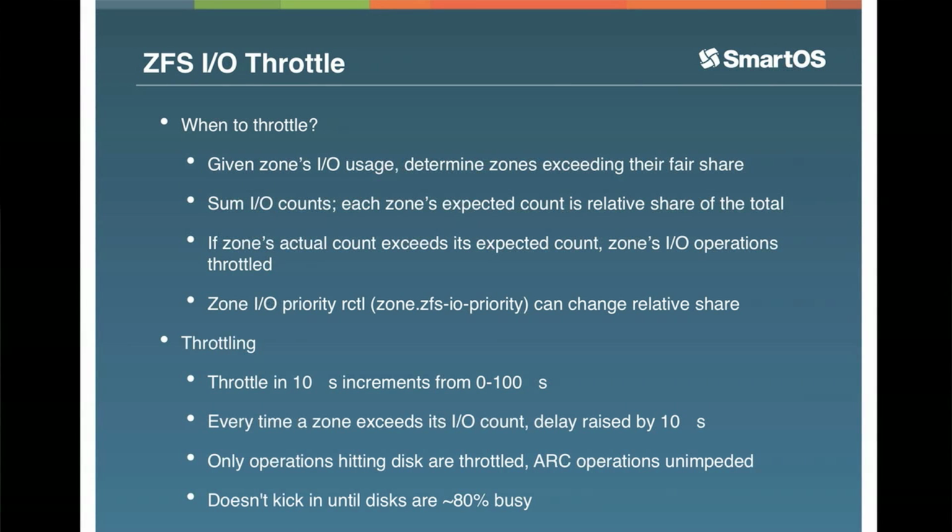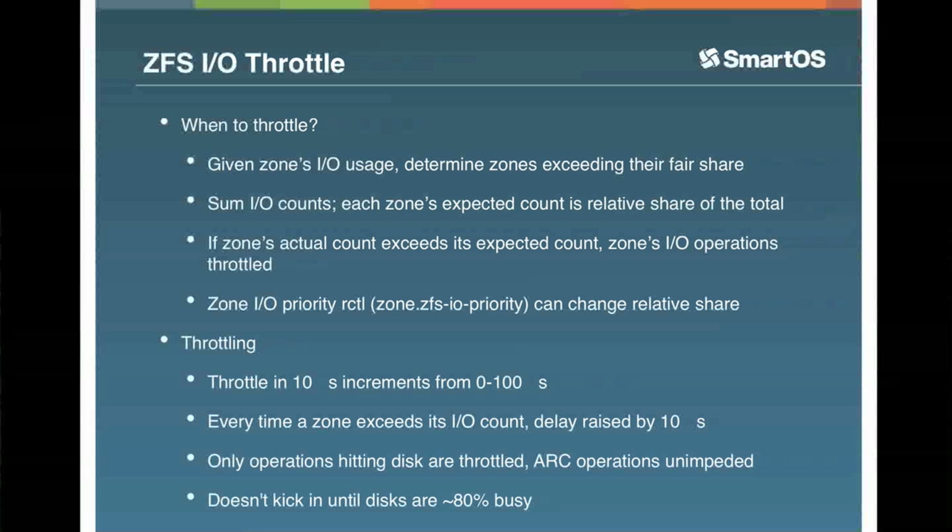So what we do is we throttle in 10 microsecond increments, and we ramp that up. If you continually exceed your fair share, we would ramp that up to a maximum of 100 microseconds per I/O. What that allows us to do is make sure that one zone isn't using more than it should when things are busy. The good thing about this is that we only throttle operations that actually go to the disk.